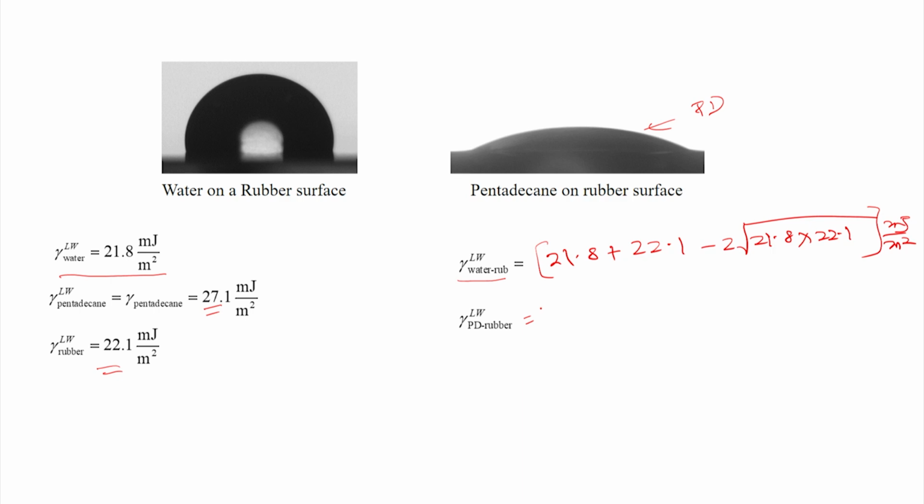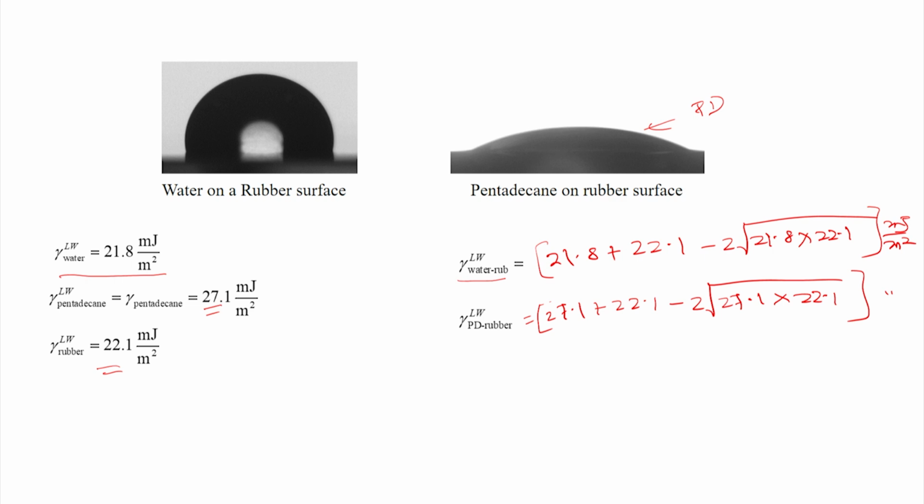And over here, this is pentadecane, which has LW 27.1 plus 22.1 minus 2 into square root of 27.1 into 22.1 millijoule per meter square. I hope I did right. Yeah, so like that. Now you can find it out.